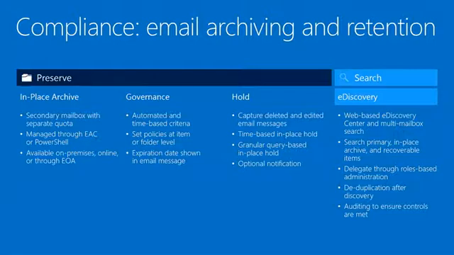So in-place archive can allow you to run queries for legal reasons and other things later on. And so e-discovery is a really powerful feature that's available in Exchange Online. I encourage you to take a look at that and see how that matches up with your compliance requirements.